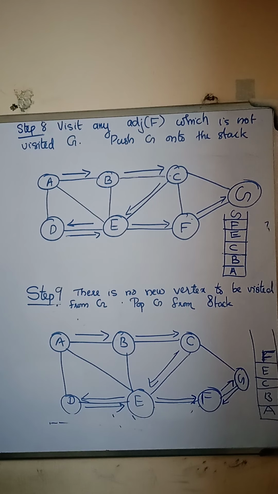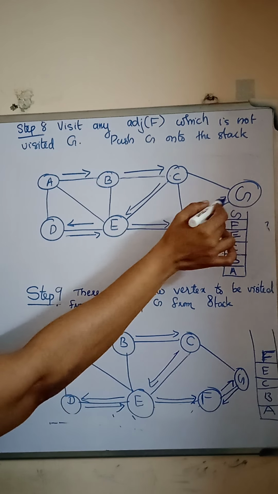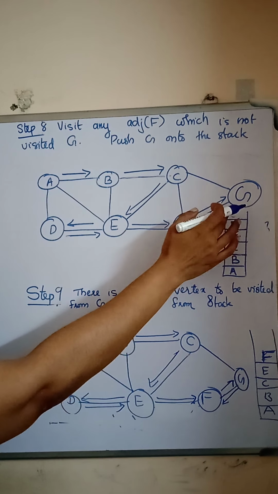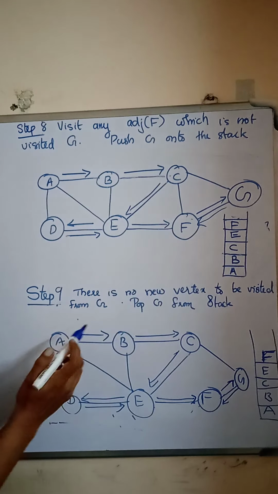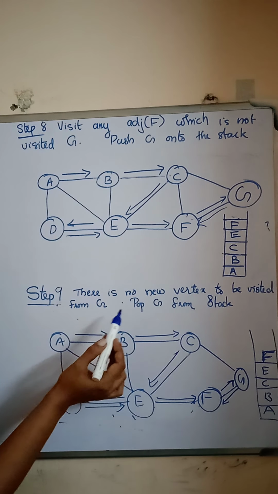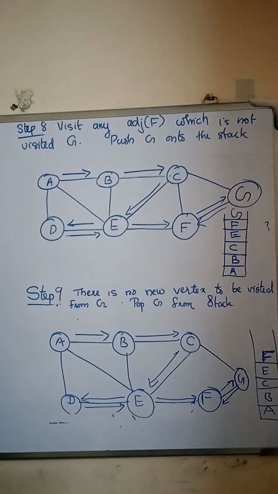Then the adjacent vertices of G are F and C. There is no new vertex for G, so we backtrack and pop G from the stack.